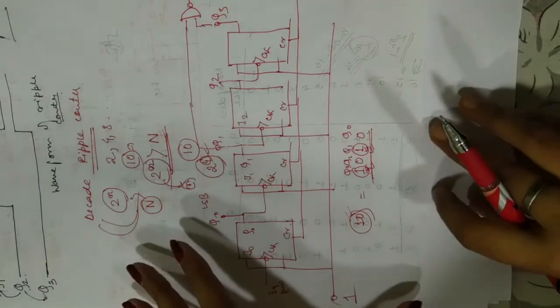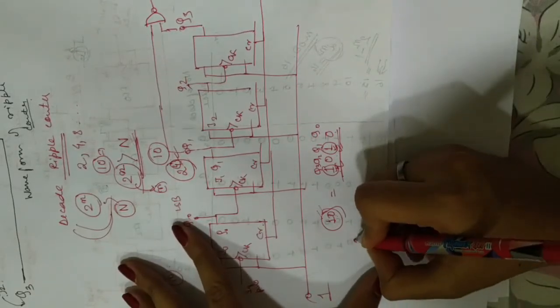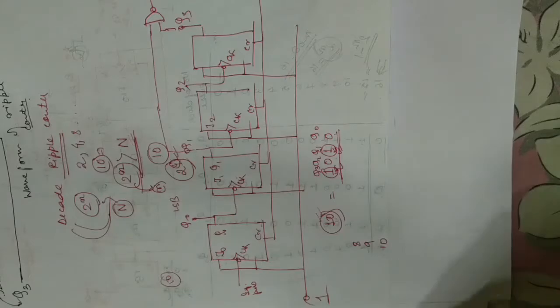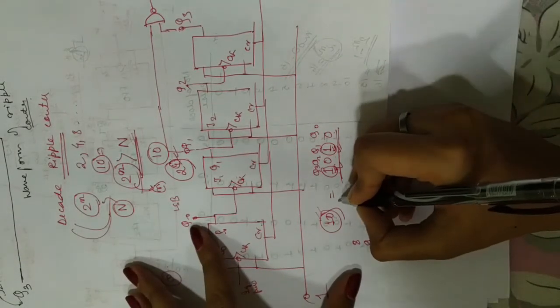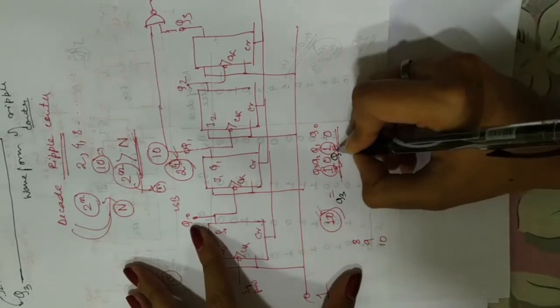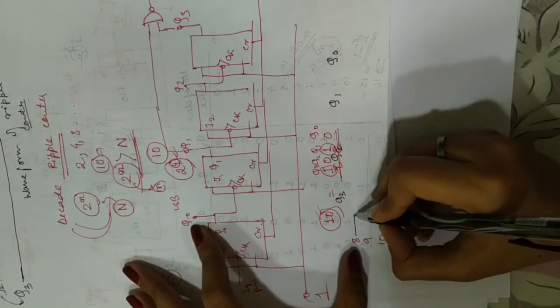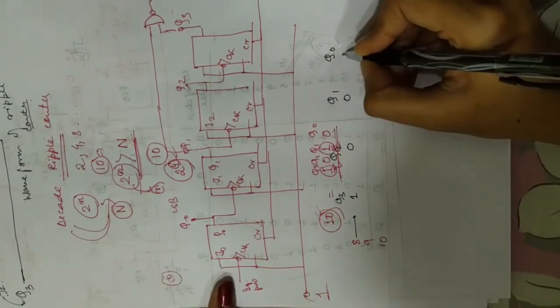But what happens, I will just show you the last 3 stages, when we have the 8th clock pulse, 9th clock pulse and the 10th clock pulse, right? I will just show you these 3 stages because these are a bit different. So in our 8th clock pulse, what we have is 1 0 0 0.